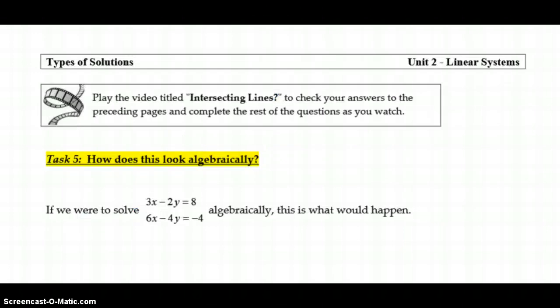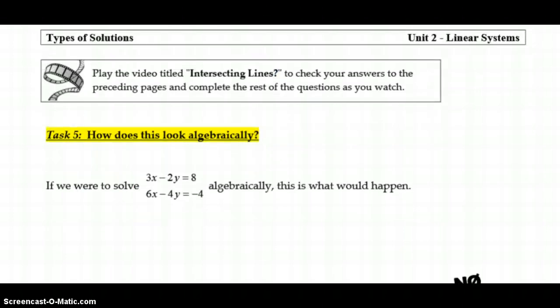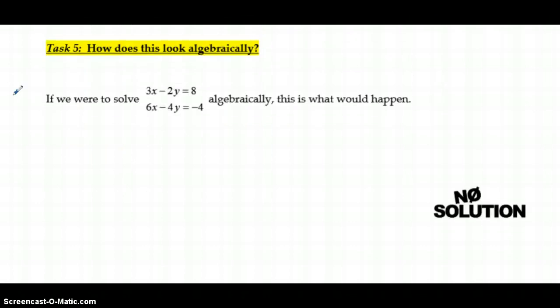So finally, moving on to how this would look algebraically. If we were to solve this equation algebraically, let's see what would happen. I'm going to choose to solve this by elimination. I'm going to double that top equation, so I would get 6x minus 4y equals 16. Because I have positive 6 in front of both, I'm going to now subtract those two equations.